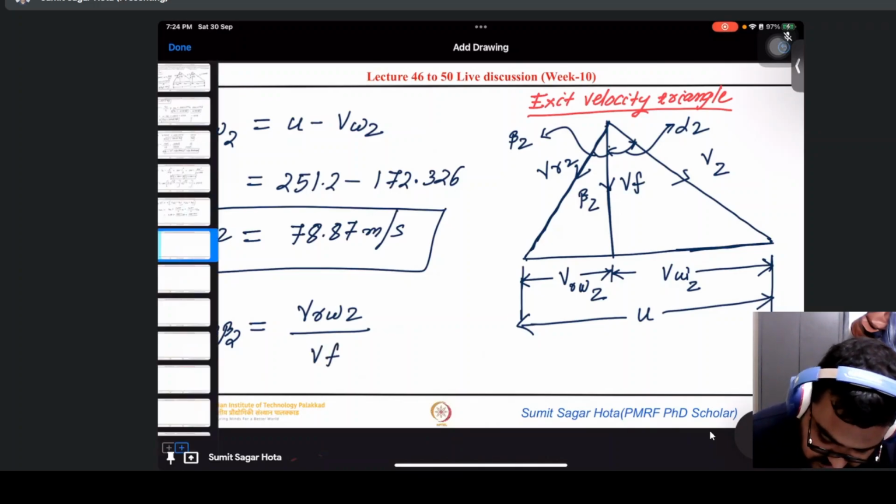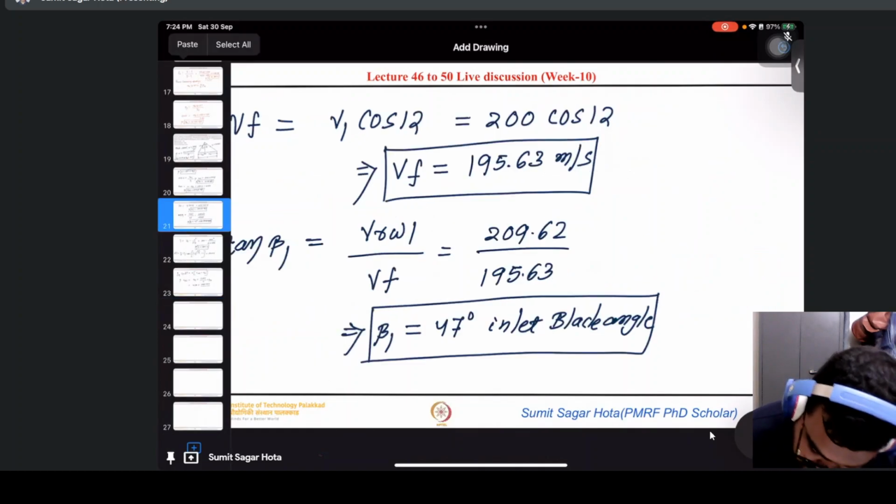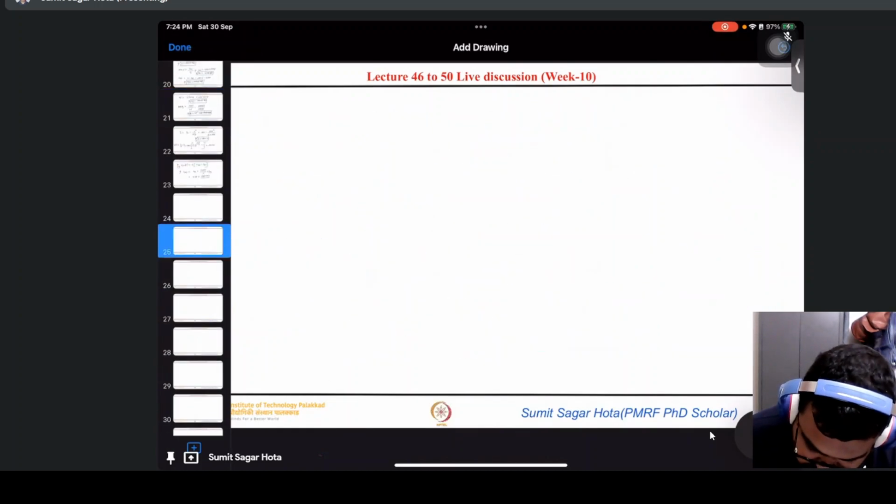What is BF? BF is common for both inlet and outlet: 195.63.